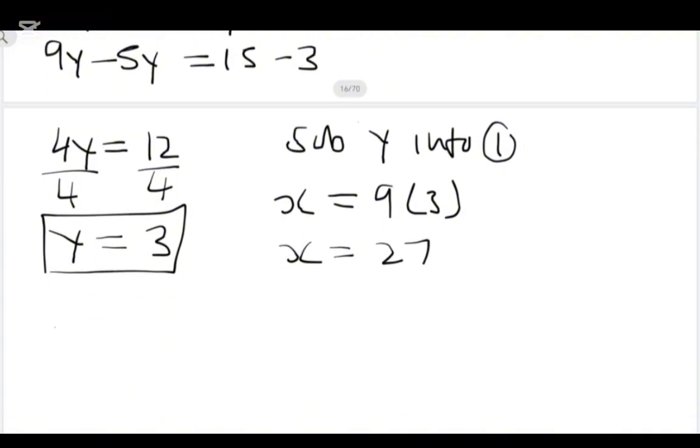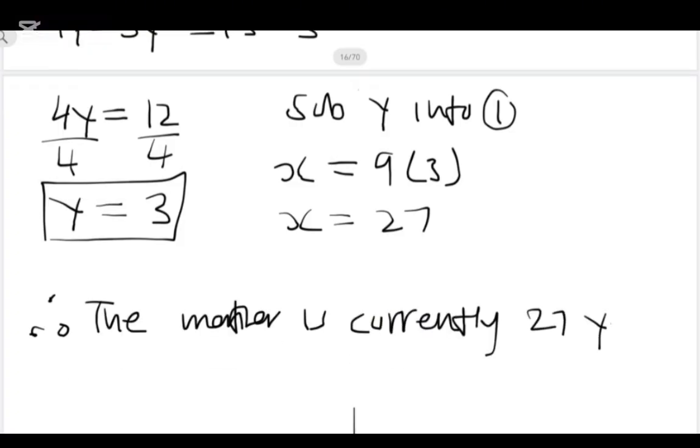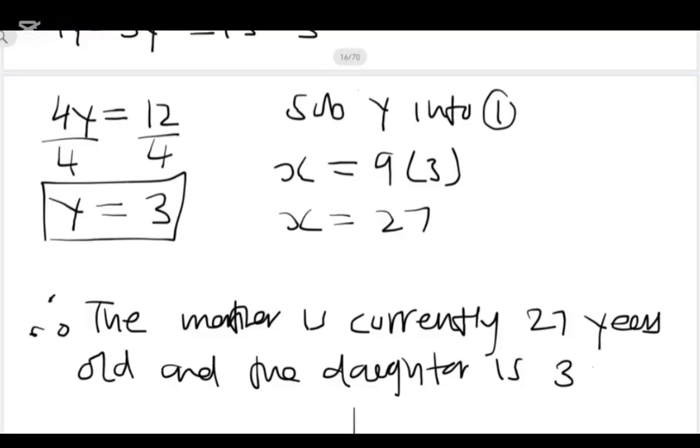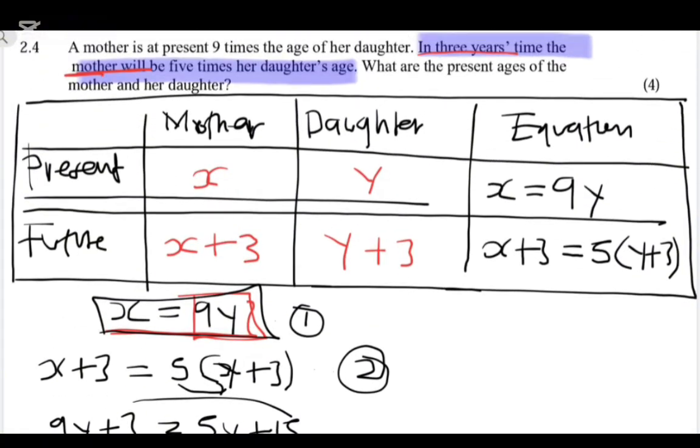So in conclusion, we can conclusively say that the mother is currently 27 years old and the daughter is 3 years old. And then we are done with this 5 marks question.